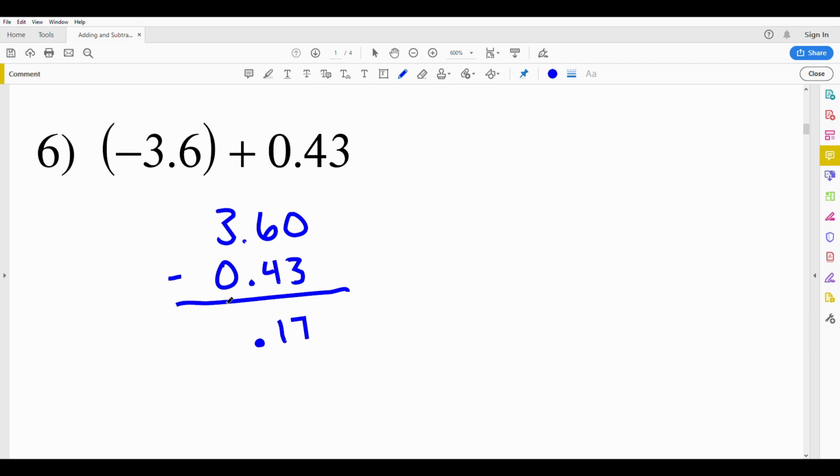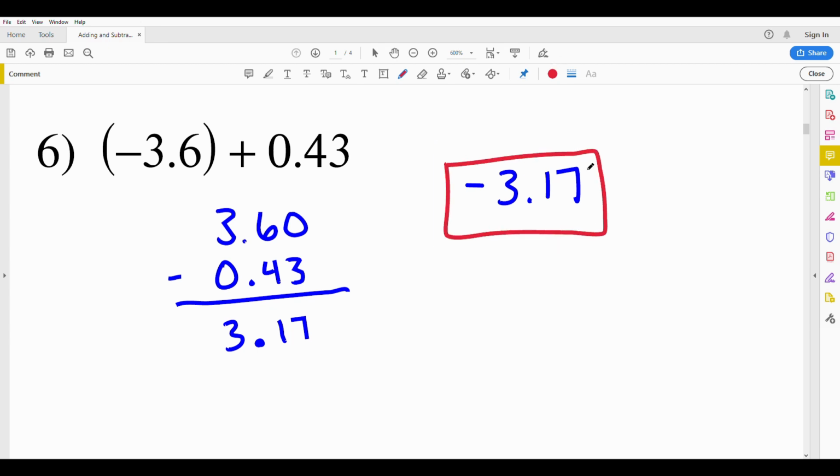And 3 minus 0 is going to give me 3. But remember, this number is not positive, it's negative, because this was really a negative, and we were really adding a 0.43. So negative 3.17 is our solution in number 6.